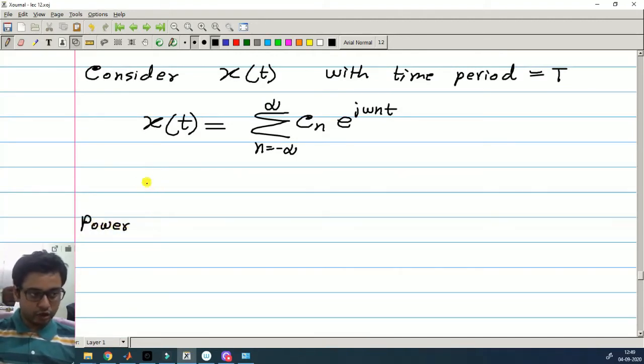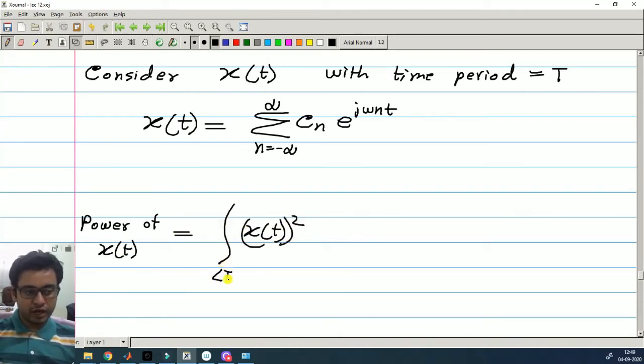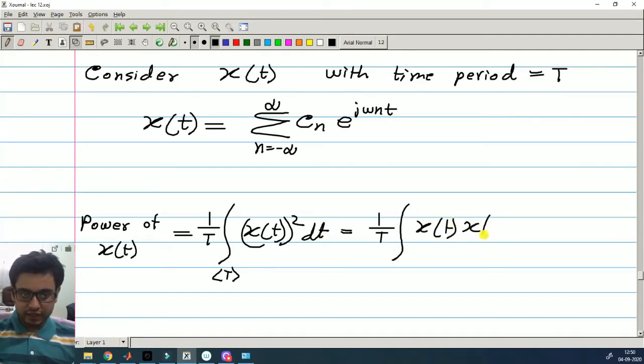Now the power, as you may recall, for a periodic signal is given as x(t) square integrated over a complete cycle divided by the time period. This you may also write as 1 over T integration of x(t) multiplied with x(t) dt over a complete cycle.